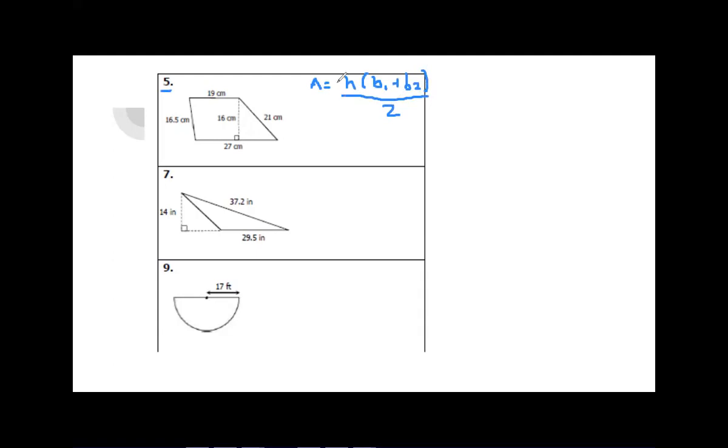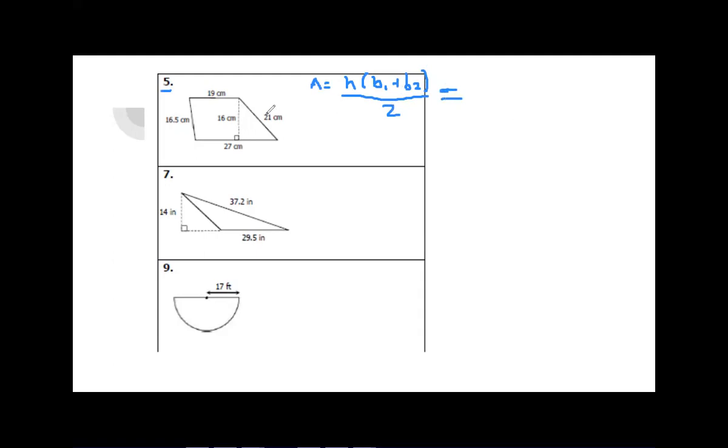On the formula sheet, it has 1/2 times the height times the sum of the bases. I like to write it like this. It's just easier for me to see. If you use the other formula, it's going to give you the same thing.